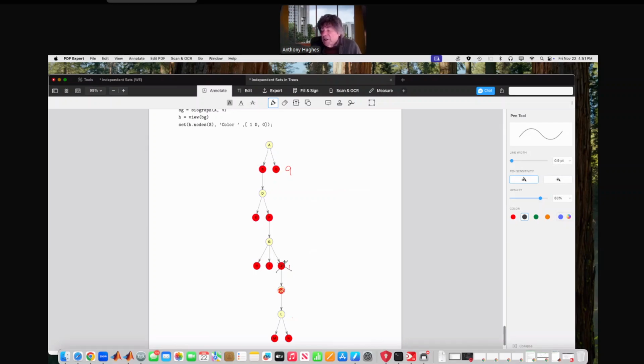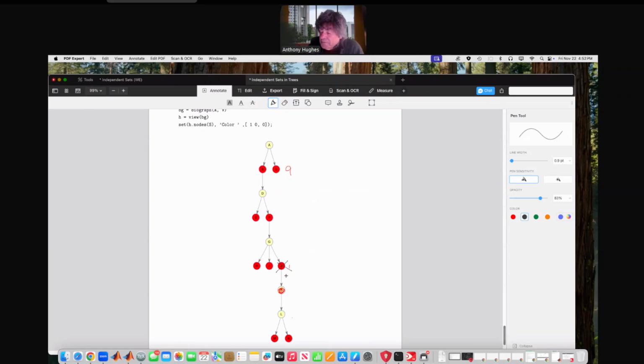So in this particular case, as I said, we'll drop K and leave J. You could do it the other way around. I could drop J and include K. That's the choice that you get when you are going through the nodes one at a time.